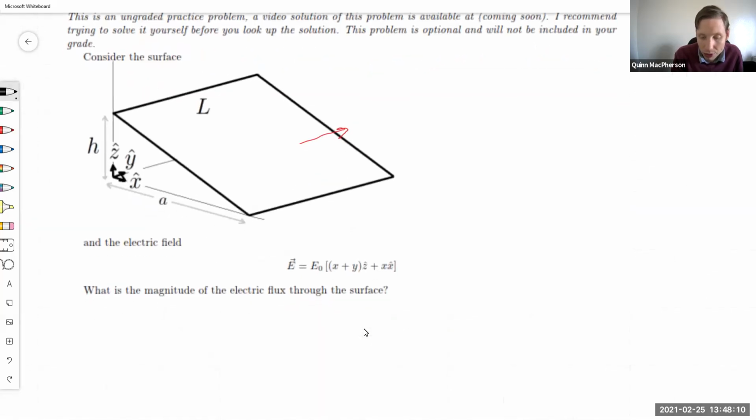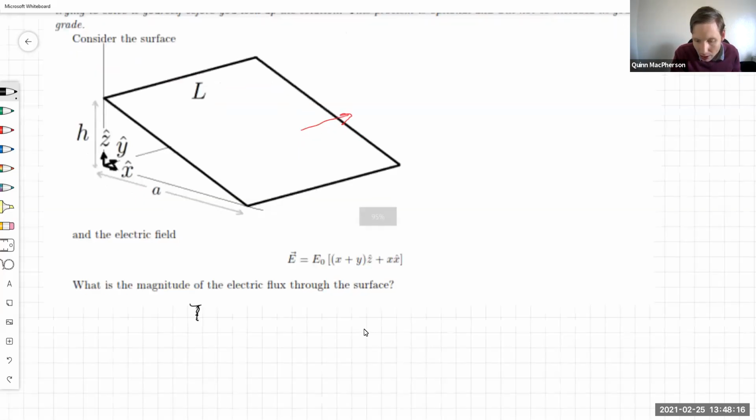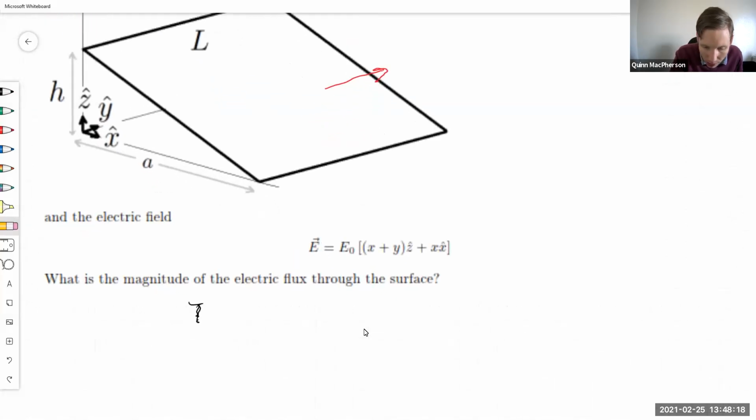Okay. So the flux is equal to the integral of E dot dA, the area, over the surface.